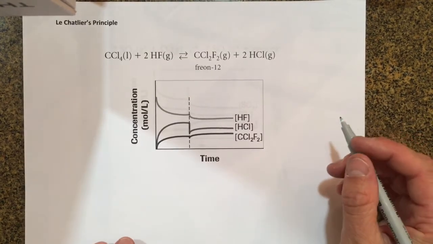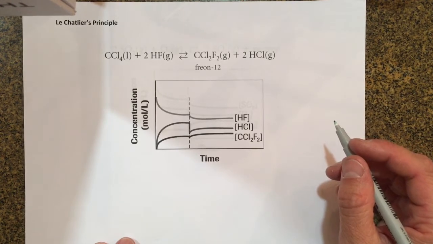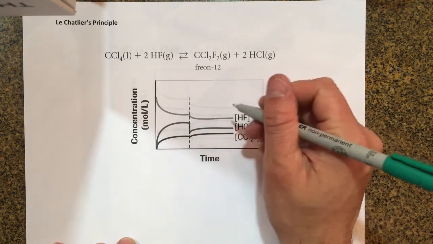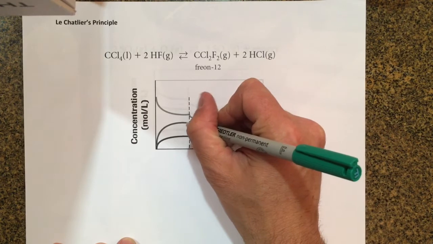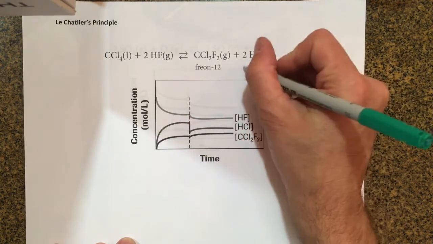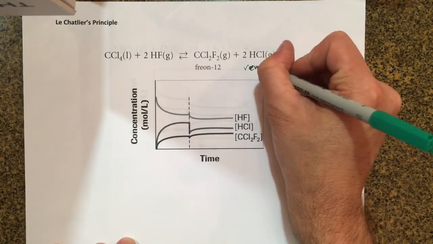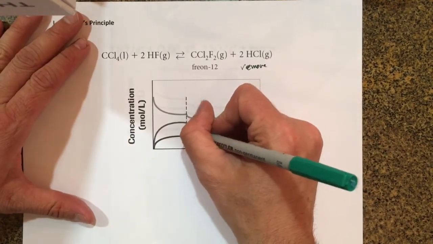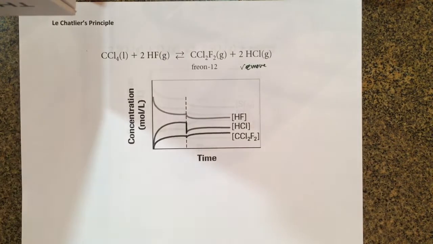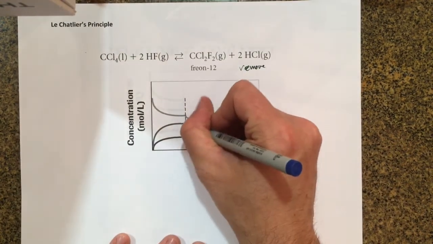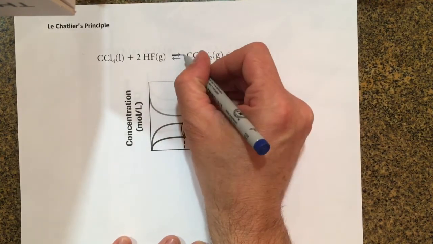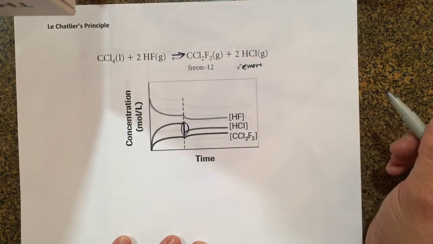Now, alternately, if you were to remove something, so if they were to remove the hydrogen chloride, so here you've got it all at equilibrium, but now they're going to remove this chemical, then its concentration suddenly goes down, like it does in this part here, and the forward reaction is again going to be favored.